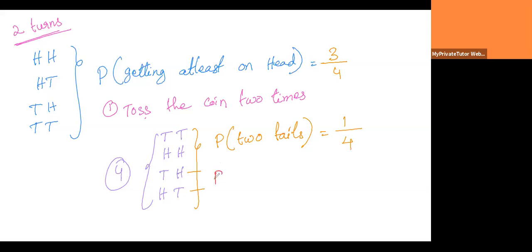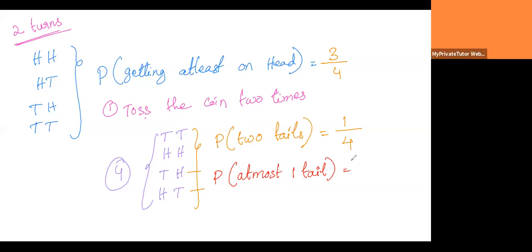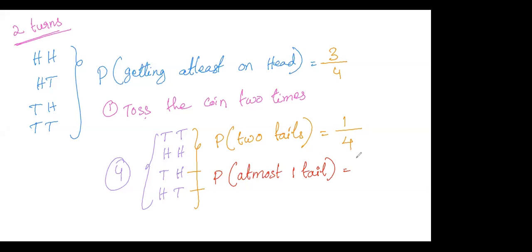Similarly, if the question is, what is the probability of getting at most one tail? What do you mean by at most? The maximum, yes. The maximum of one tail. 2/4. Are you sure? Maximum of one tail.